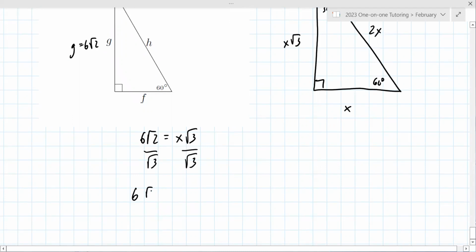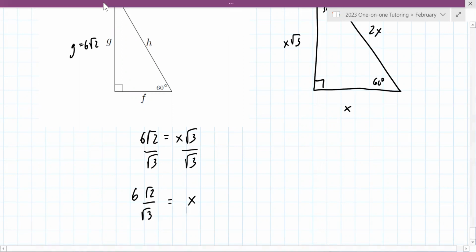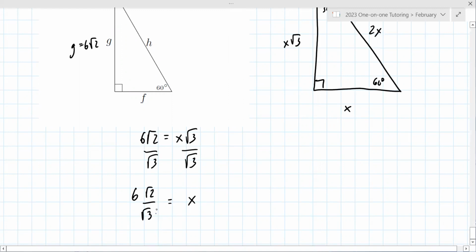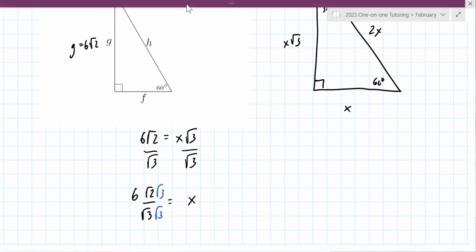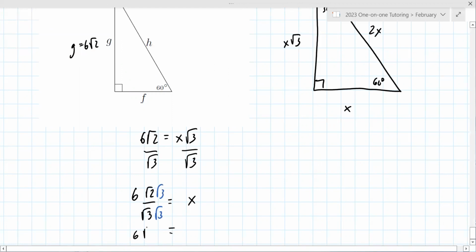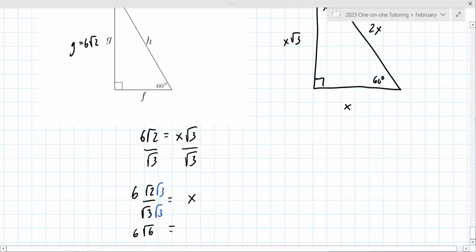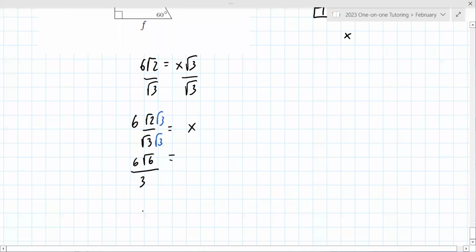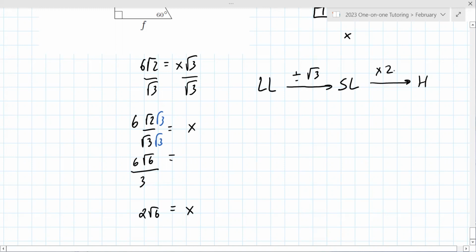Now this time you do rationalize, because 2 doesn't go into 3, or you can't divide by 3 and get a nice number. So you multiply the top and bottom by square root of 3. So that becomes 6 square root 6 over 3, which becomes 2 square root of 6 equals X. So when you get the long leg, you have to find the short leg, which is you effectively divide by the square root of 3, and then you can find the hypotenuse by multiplying by 2.